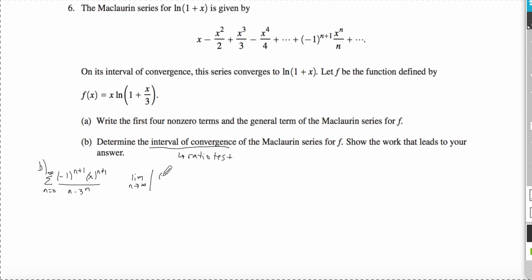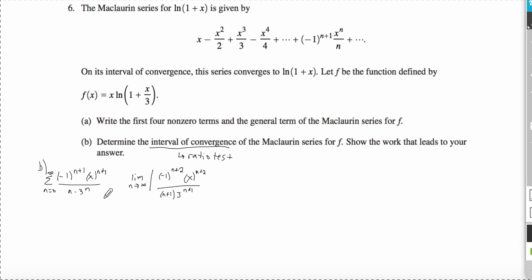So that will make this negative 1 to the n plus 1, but n plus 1 plus 1. So that'll give me n plus 2. N plus 2. Sorry about that. N plus 2. And then I would have x to the n plus 1, but that's n plus 1 plus 1 because I want to go up 1 for my ratio test. So that'll be n plus 2 all over n plus 1 times 3 to the n plus 1.